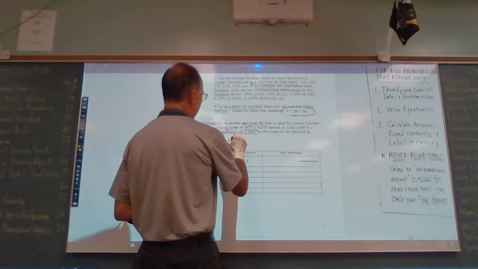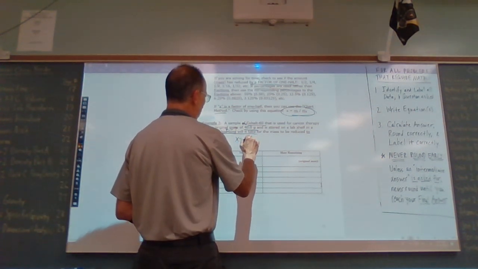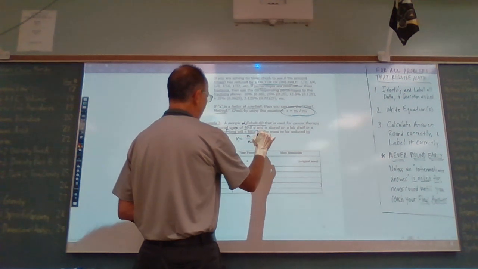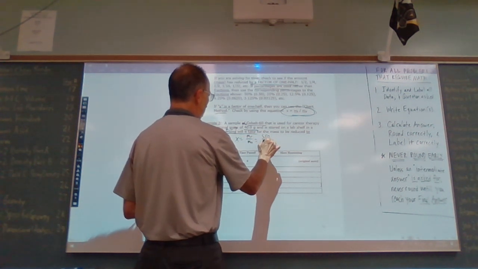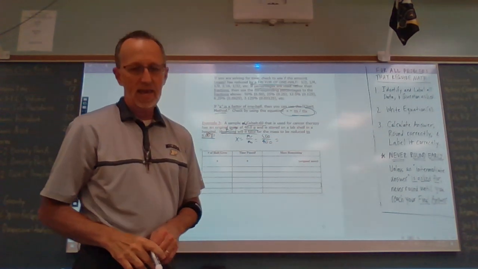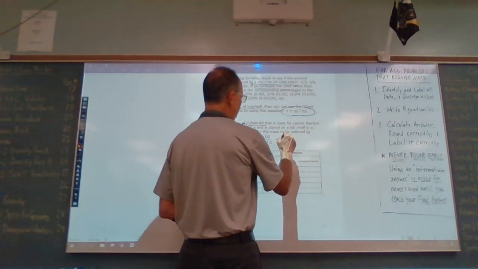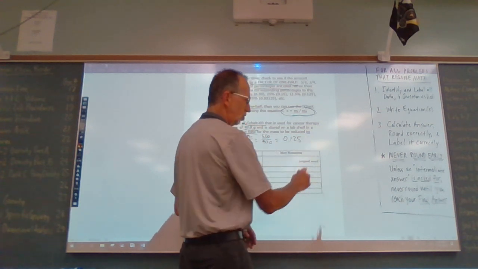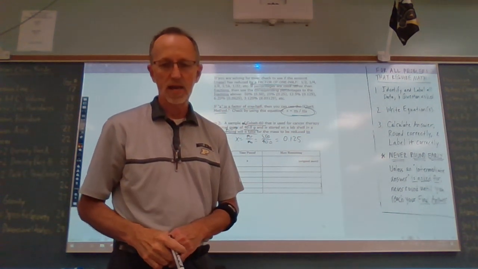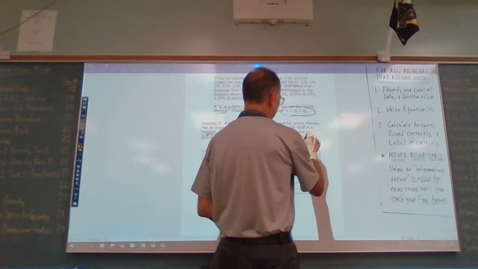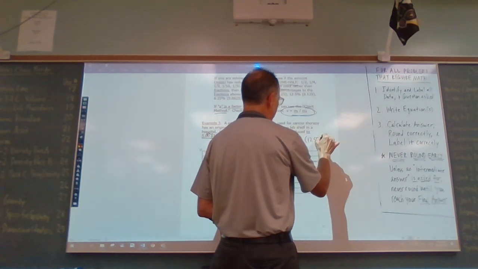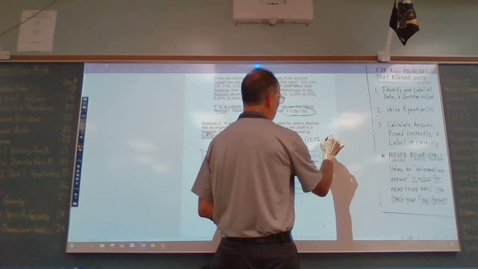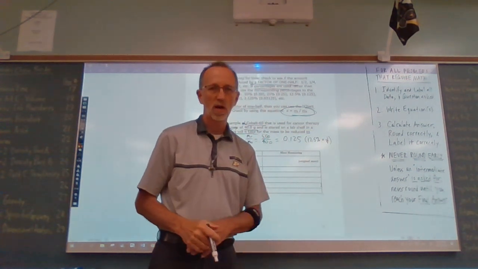So we're going to take X equals MR over MO. Our remaining mass is 5.00. Our original mass was 40.0. And that comes out to 0.125, which, if you recall, is 12.5%, which is equivalent to the fraction 1/8.